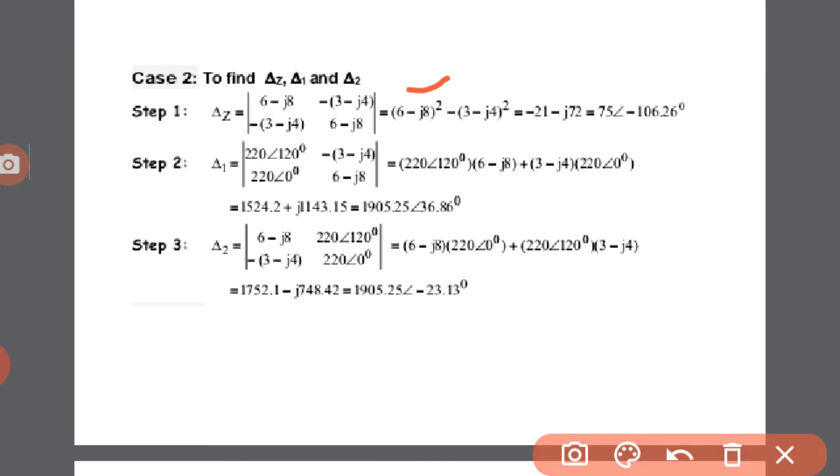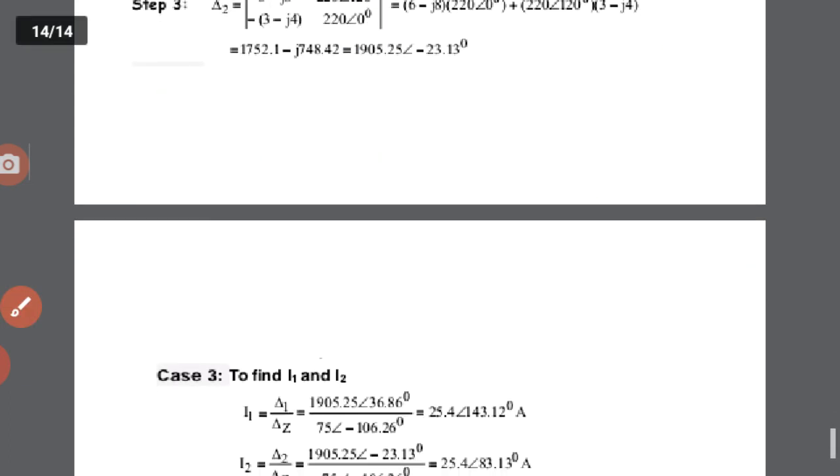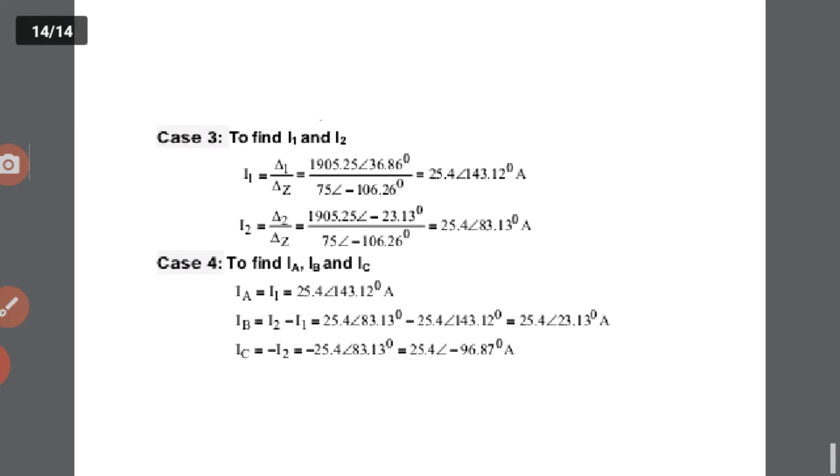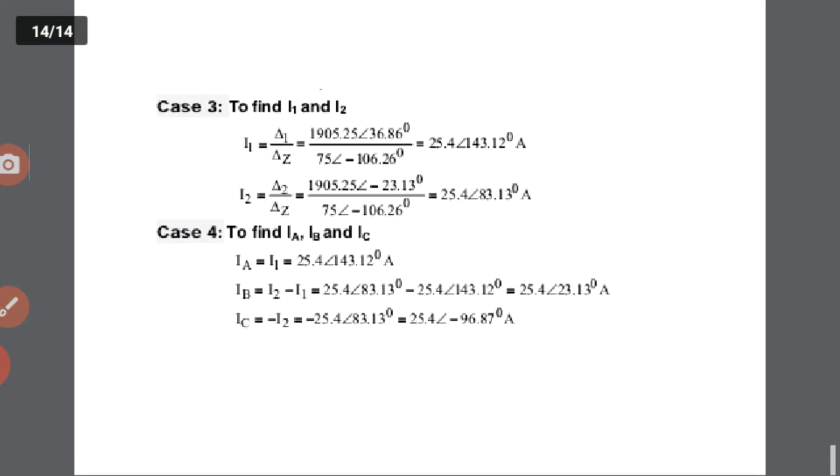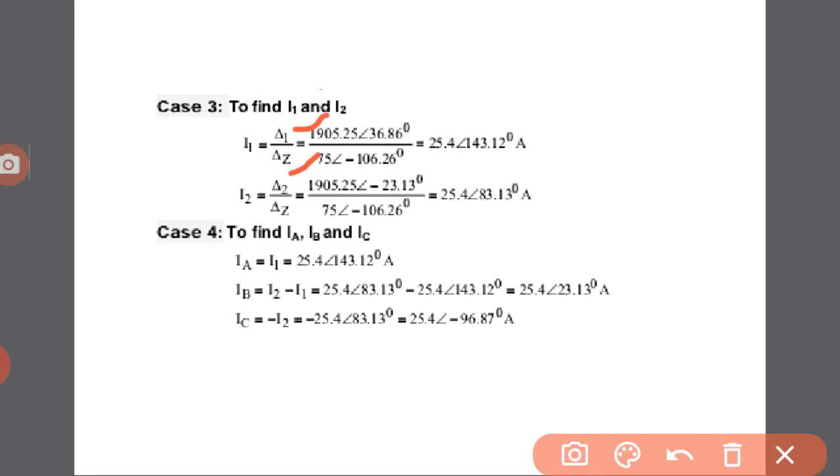For delta 1, replace the first column with the voltage values, 220 angle 120 degrees, and find delta 1. For delta 2, replace the second column with the voltage values and find delta 2. After that find I1 and I2. I1 is equal to delta 1 by delta Z. I2 is equal to delta 2 by delta Z.